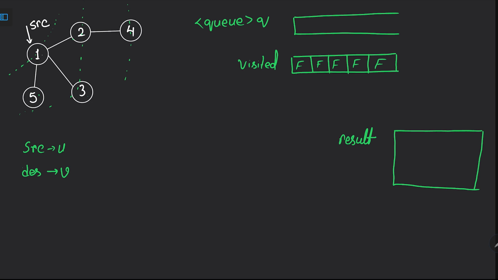So first we will visit 1, and by default the visited array is indexed from the 0th index, always 0, 1, 2, 3, 4. It will be true if the queue is not empty. So we will first always push the 0th index or source vertex at the queue, which is 1.